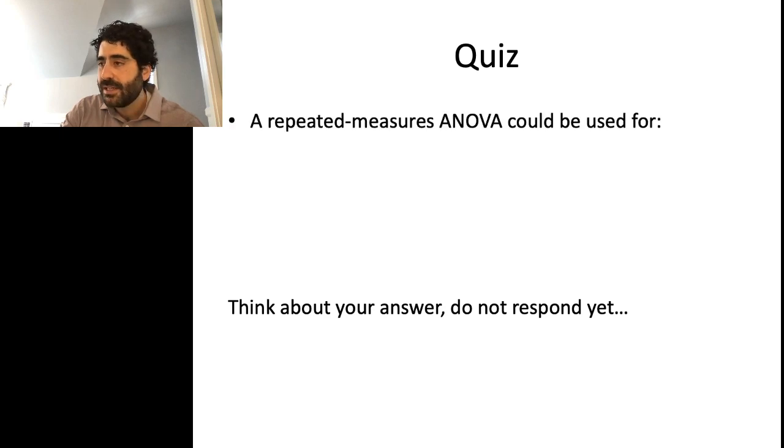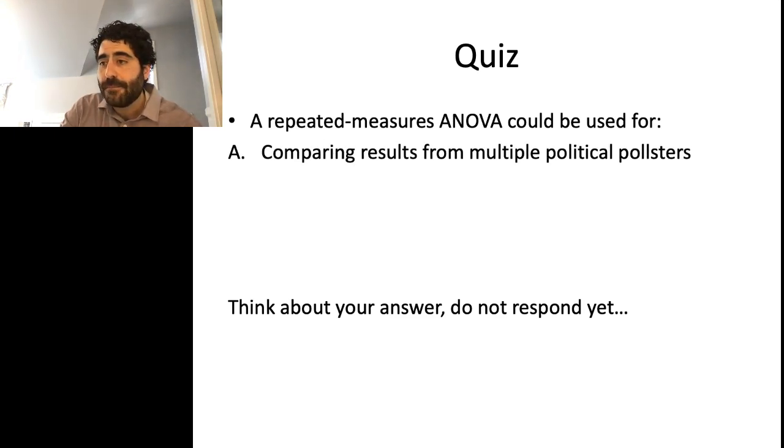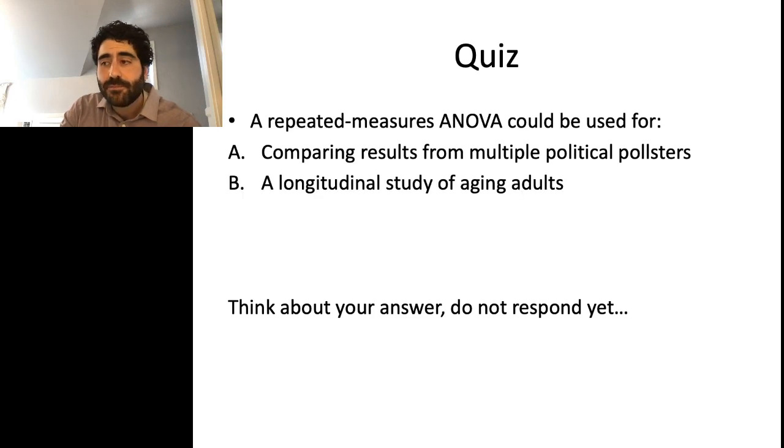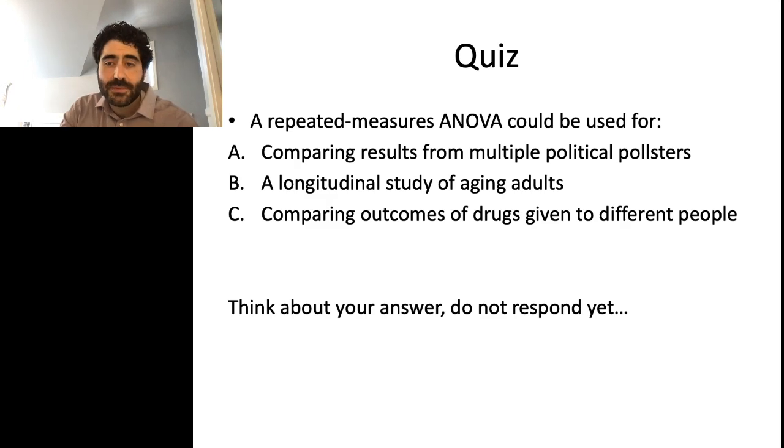Okay, so to sum up this repeated measures ANOVA part, in which of these situations would a repeated measures ANOVA be valid to use? A, comparing results from multiple political pollsters. B, a longitudinal study of aging adults. C, comparing outcomes of different drugs that are given to different people.